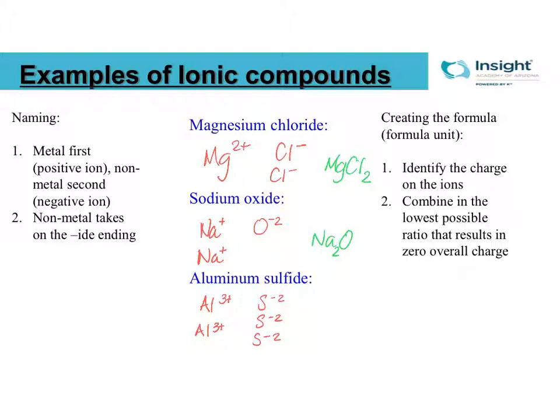You're either going to have real obvious ones, like the first two, or you're going to get lucky and everything's going to be equal right off the bat and you only need one of each. But the worst it'll be is if you run into positive 3 and negative 2, or maybe negative 3 and positive 2. If you have that 2-3 combo, just remember, you need to get the plus 6 and negative 6. And then our formula here is going to be Al2S3.